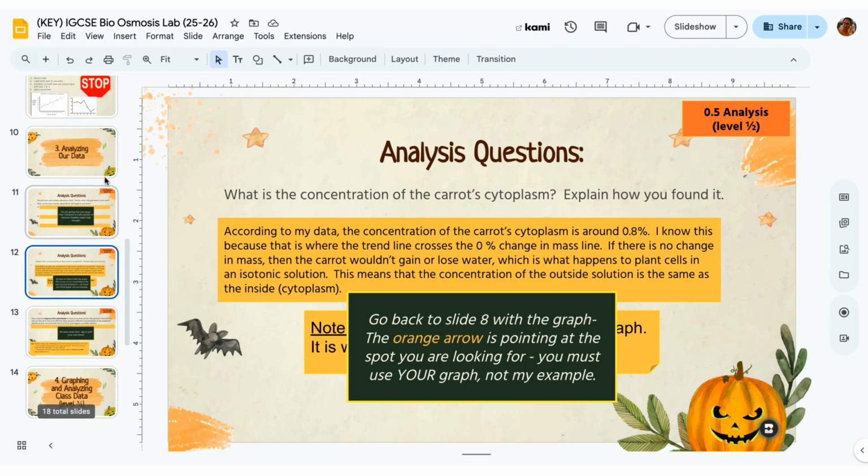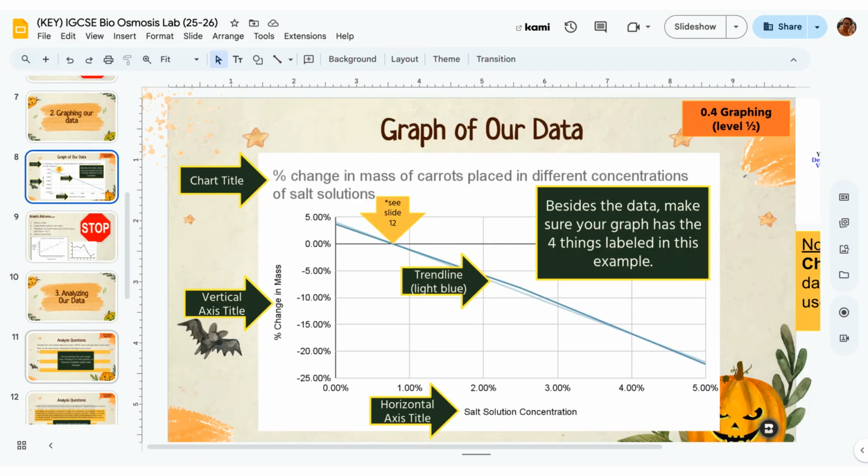So to find that, we're going to go back to our graph, and I've marked it on mine as an example. So this orange arrow right here is where my trend line and my actual data line, just because they happen to be so similar, is where my trend line crosses the 0% change in mass line. That's what I'm looking for.